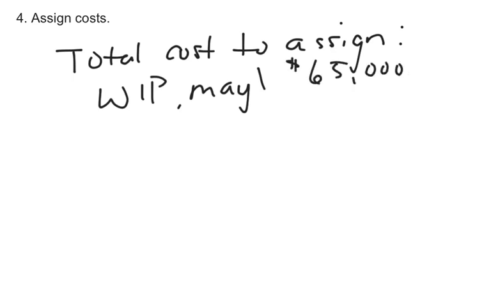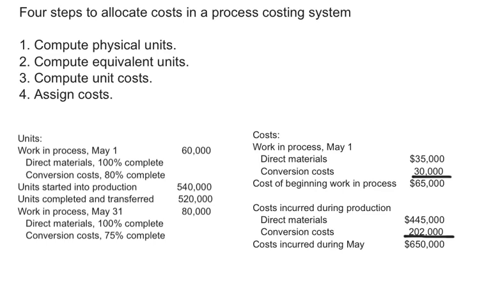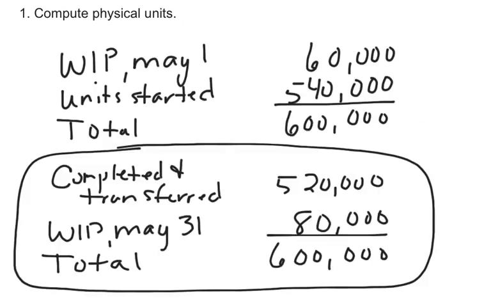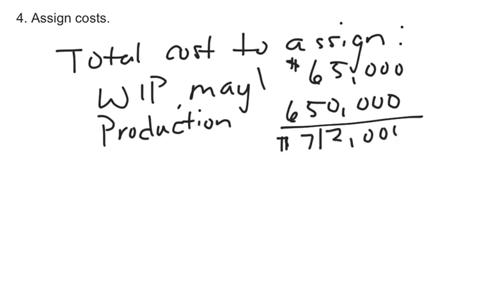And if we go back and look at what we incurred during production, again, all of our costs, materials and conversion, you'll see that we have $650,000 right here, total. So we'll put 650,000 here. Going to add those together. So in total, we're looking at assigning out $712,000.